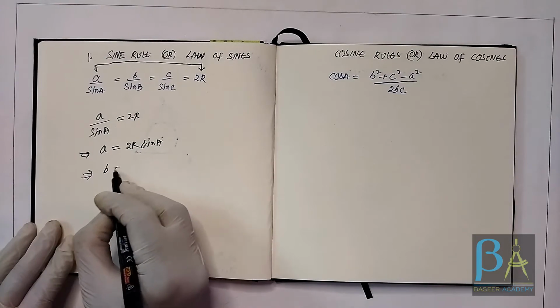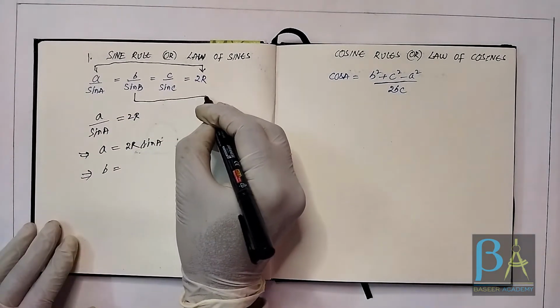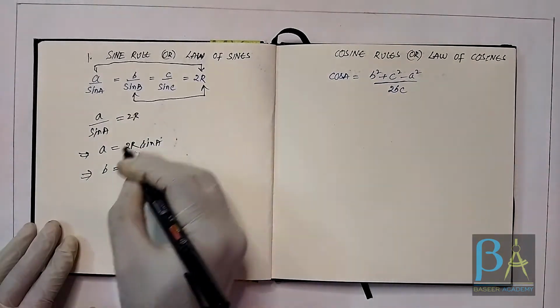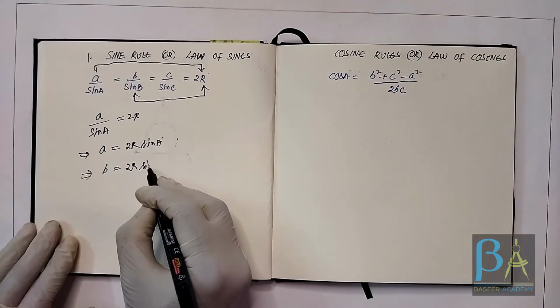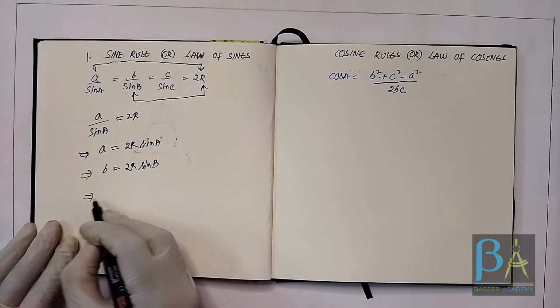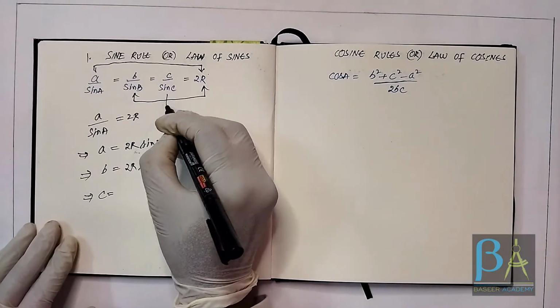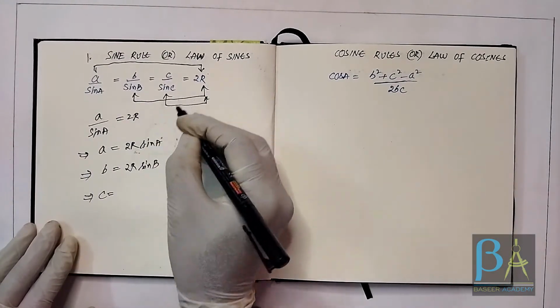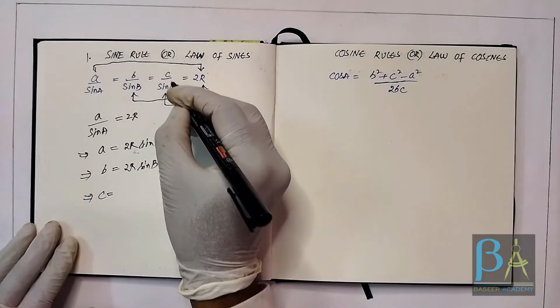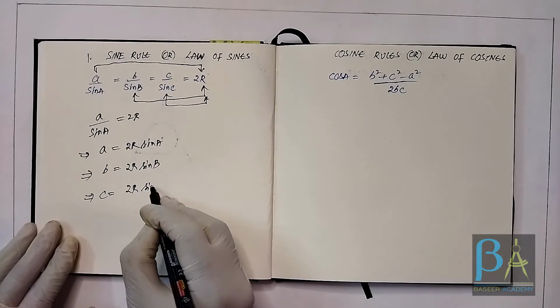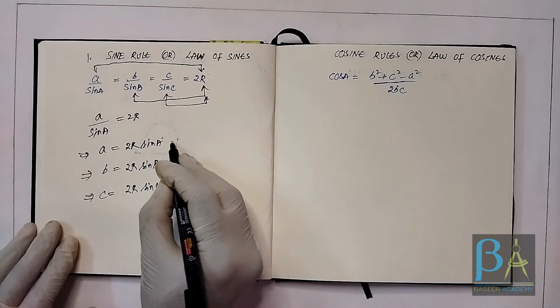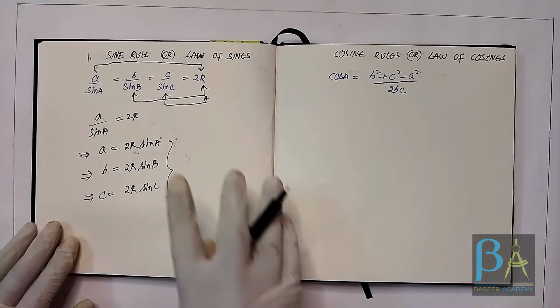Likewise, if you compare b by sin B with 2R, small b is going to be 2R sin B, isn't it? And then small c, if I compare c by sin C with 2R, you would see that small c is 2R sin C. So these are three more formulae that we can derive from the sine rule.